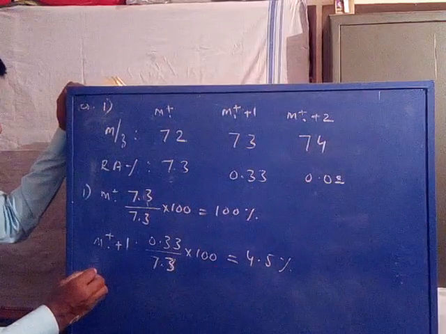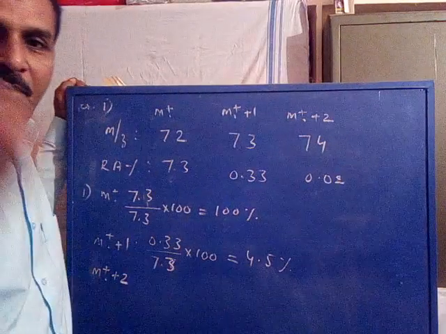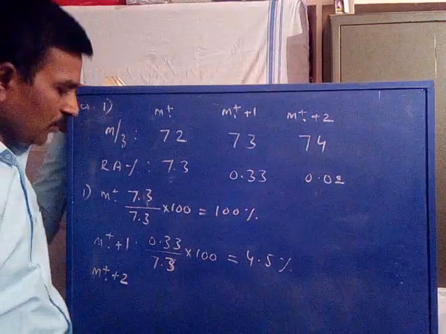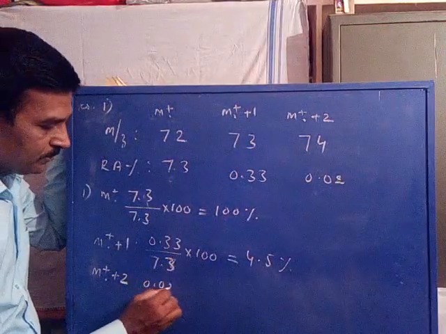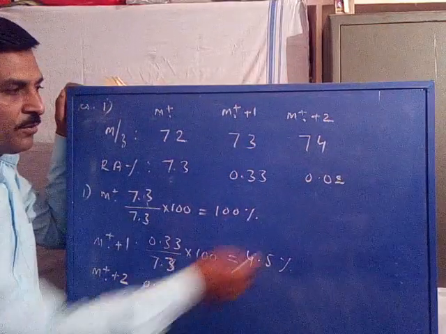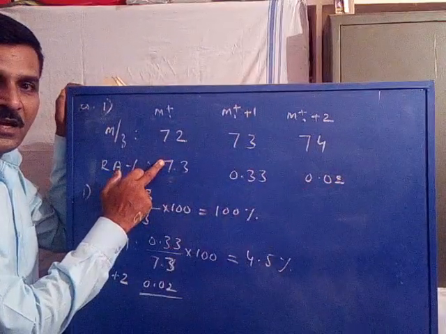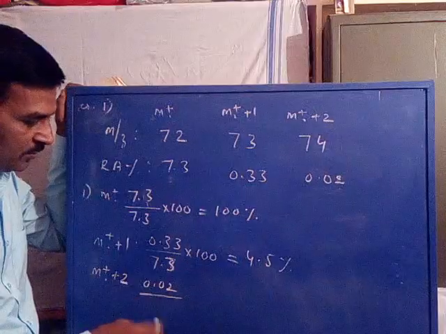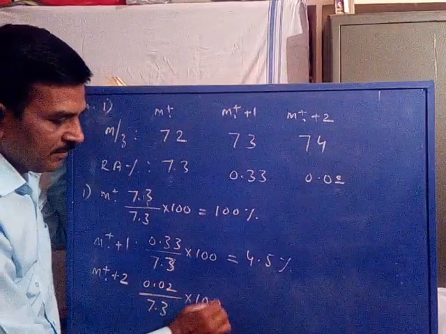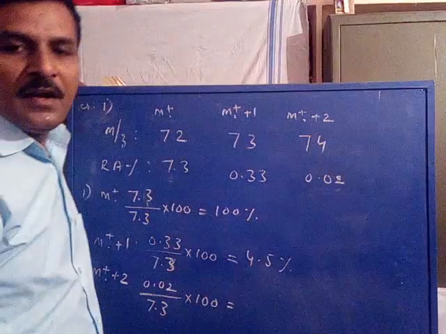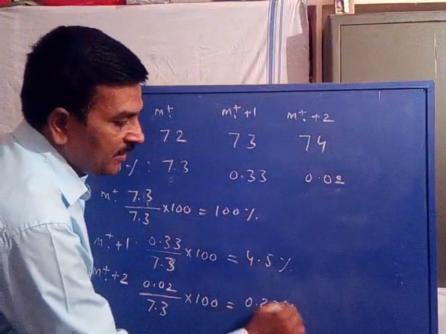Similarly, the +2 signal intensity is also recalculated. Now it has 0.02. Proportional recalculation of the +2 signal intensity with respect to the molecular ion signal intensity: 0.02 divided by 7.3 into 100 becomes 0.27%.